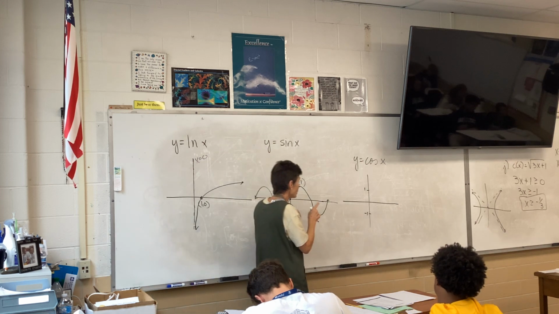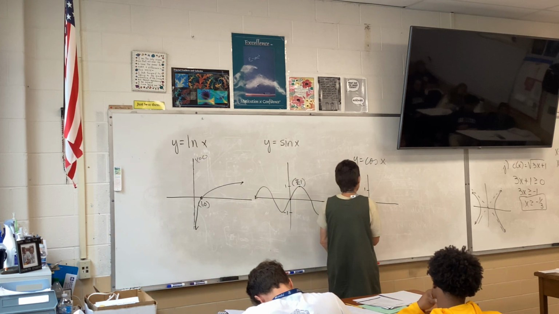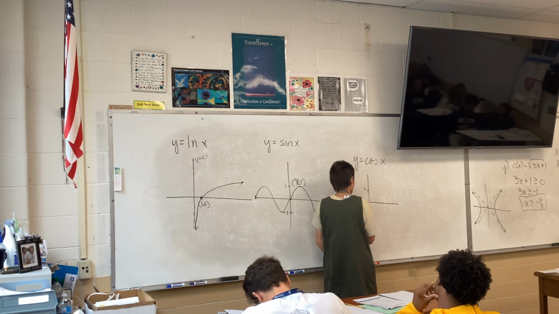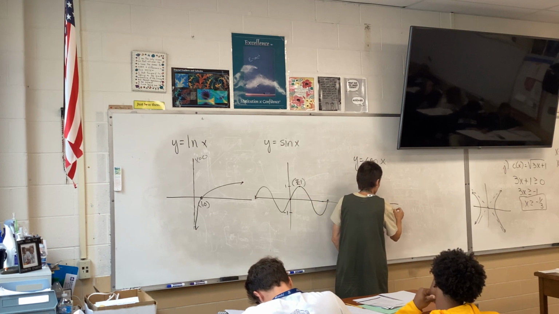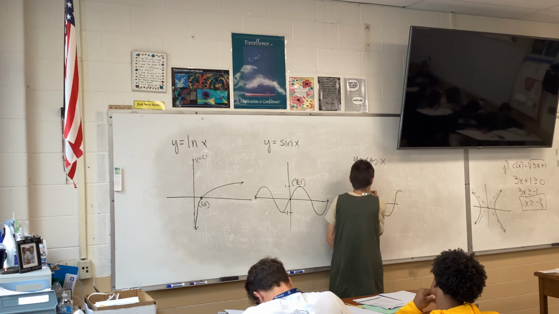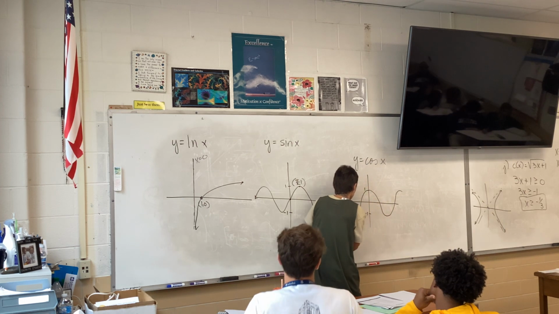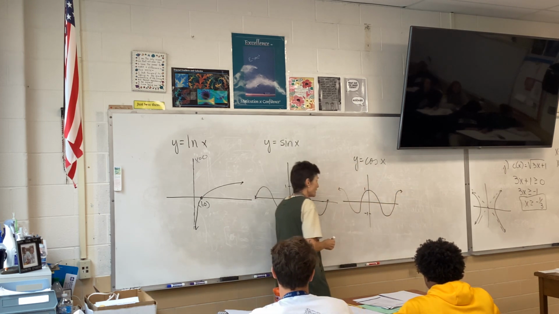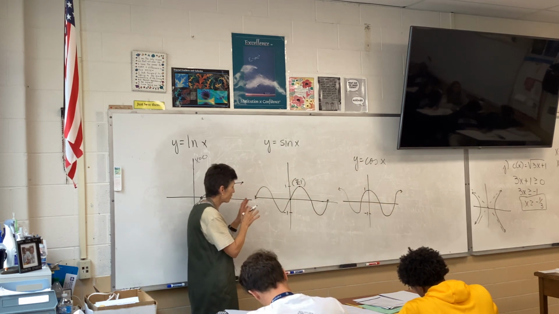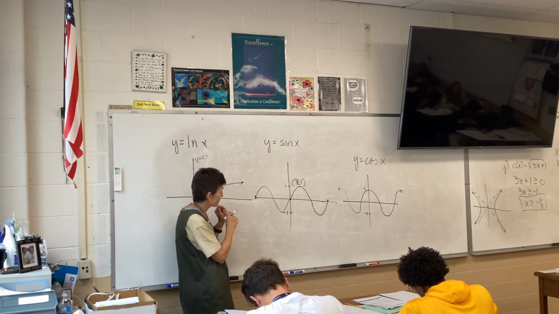All right, now the cosine has exactly the same shape, except it's positioned differently. So you need to sketch in your cosine carefully, but they are exactly the same shape.